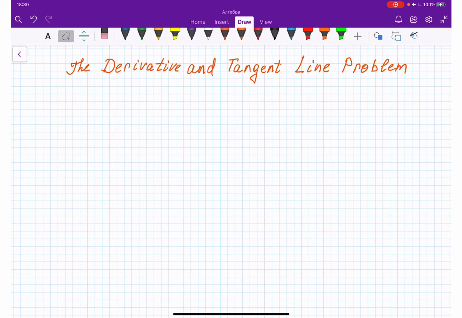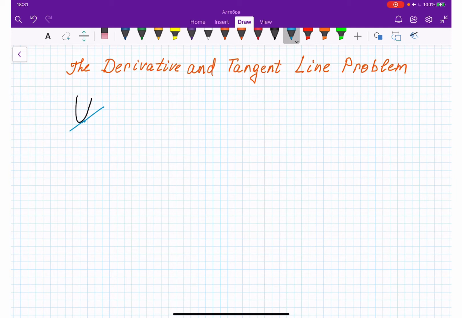First of all, a tangent line is a straight line that touches a function at only one point. Here we go. This is a tangent line. The tangent line represents the instantaneous rate of change, which is the derivative, right?